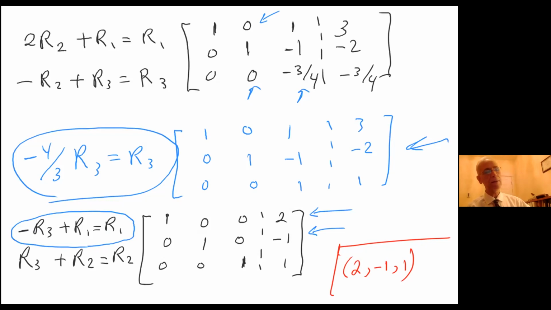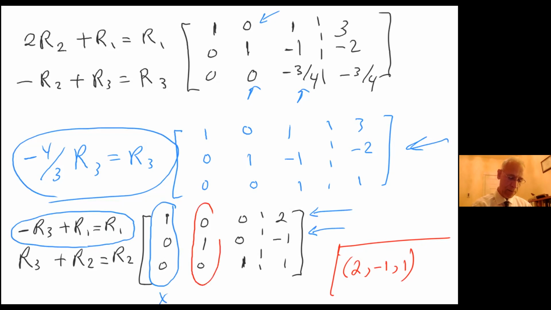So what's the beauty of this? Notice that this right here was my X column, this was my Y column, and this one was my Z column.